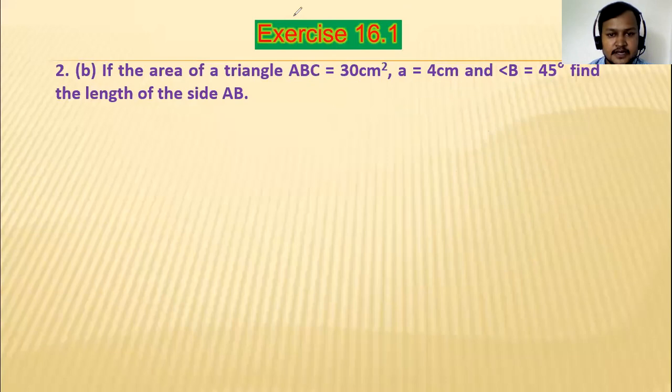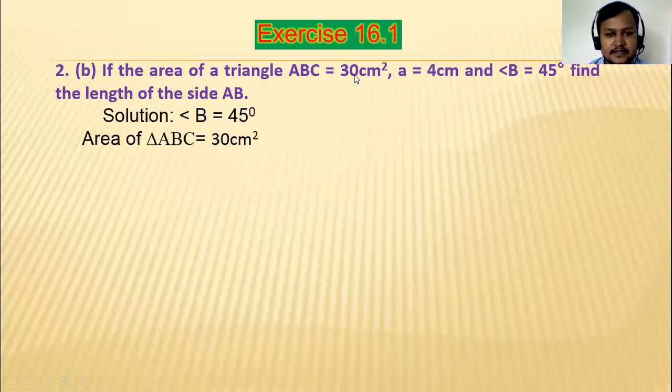So look at its solution now. Write the given things. Angle B 45 degrees. Area of triangle ABC 30 square centimeter. Next one a. Side a means BC. We have to find out the length of side AB.